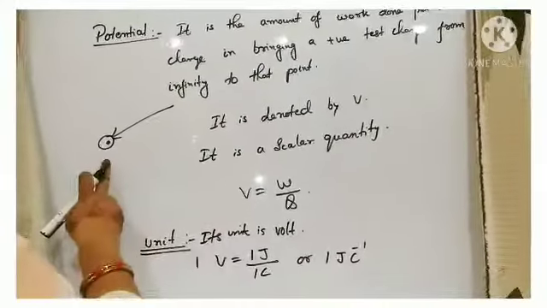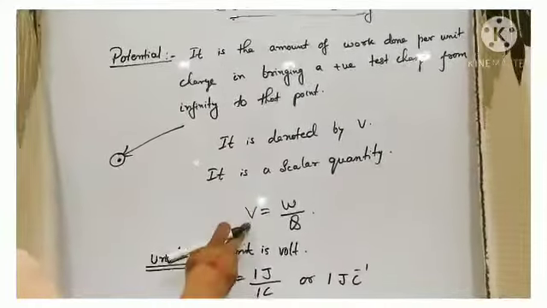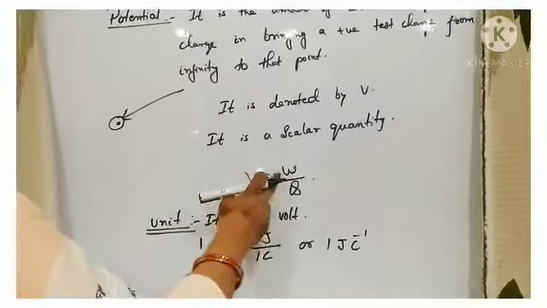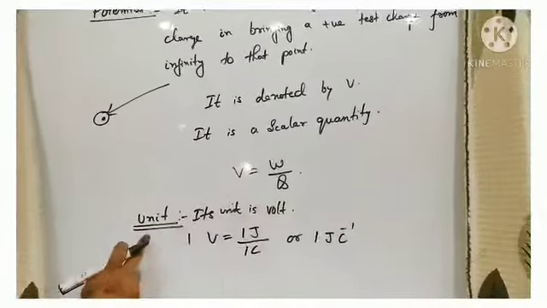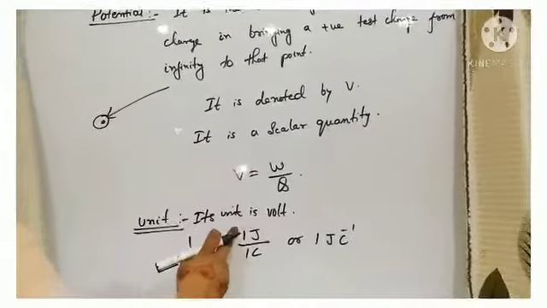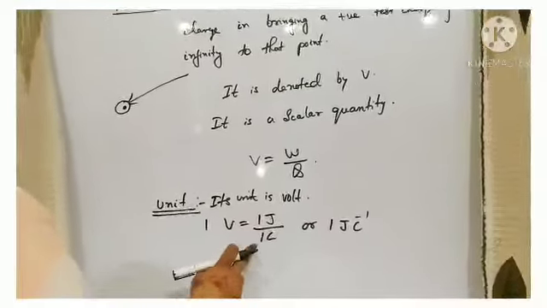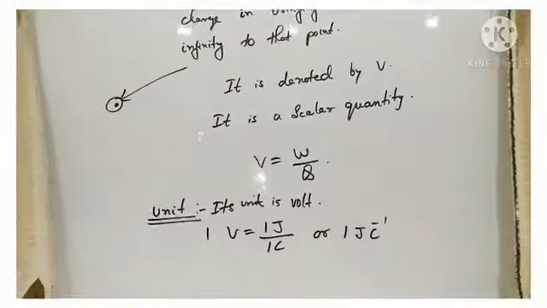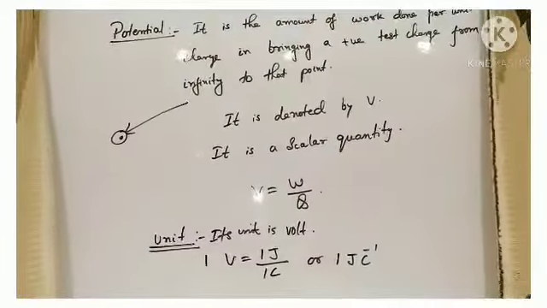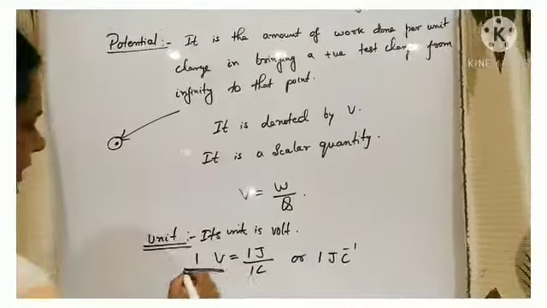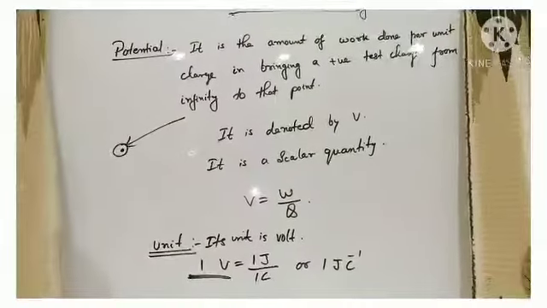It is a scalar quantity. Mathematically, we denote potential with V. V is equal to W by Q. For its unit, W is 1 joule, Q is 1 coulomb. So its unit is joule per coulomb, or 1 volt. We write this as the unit of potential.